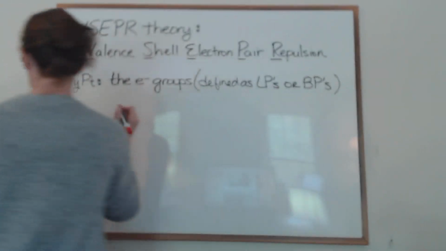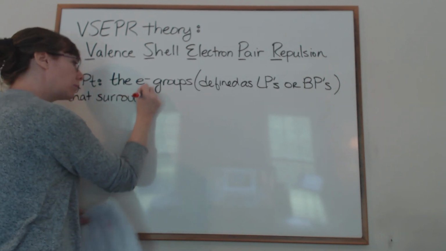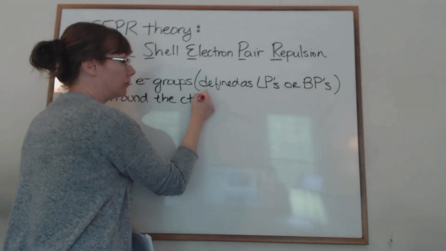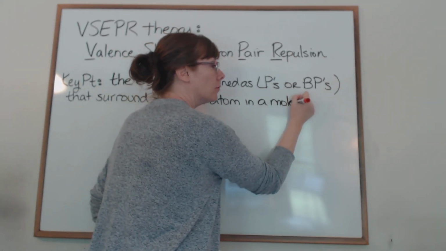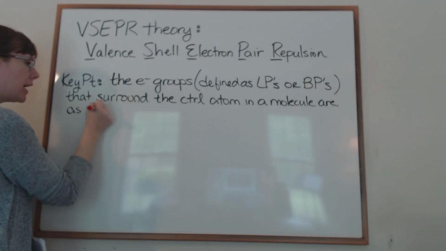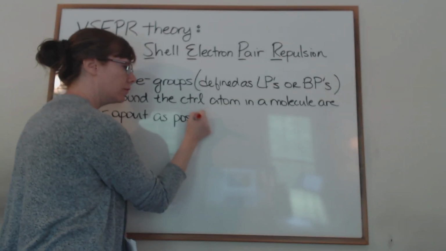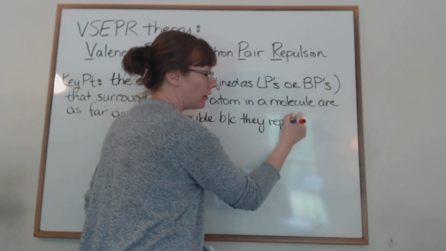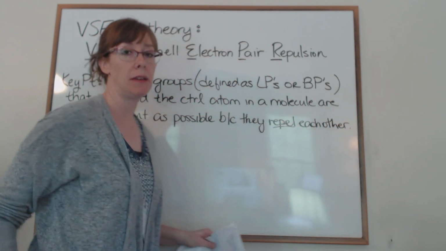The electron groups that surround the central atom in a molecule are as far apart as possible because they repel each other. That's where the repulsion comes in, because they repel each other.